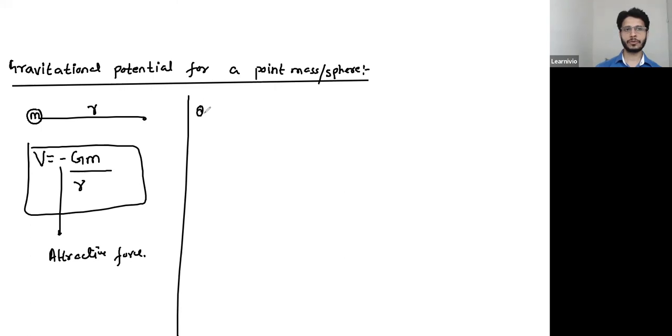Solve this simple question. This is a mass of 10 kg. At a separation of 10 meter from this mass, calculate gravitational potential.